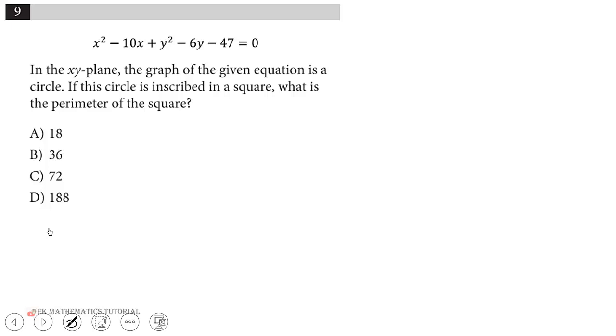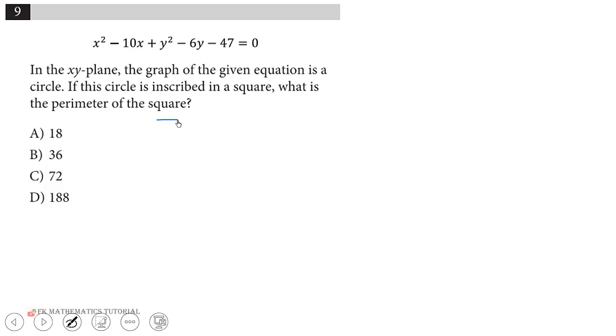x squared minus 10x plus y squared minus 6y minus 47 equals 0. In the xy plane, the graph of the given equation is a circle. If this circle is inscribed in a square, what is the perimeter of the square?